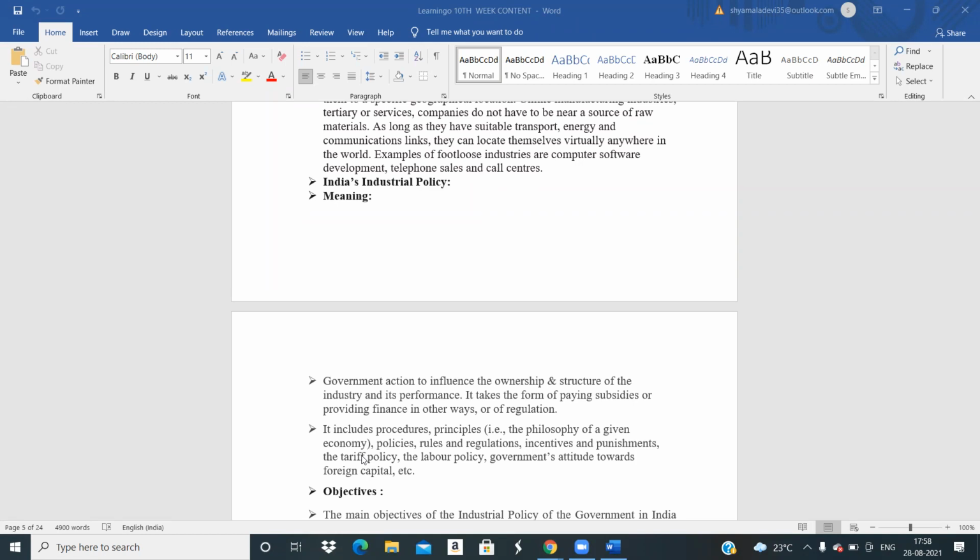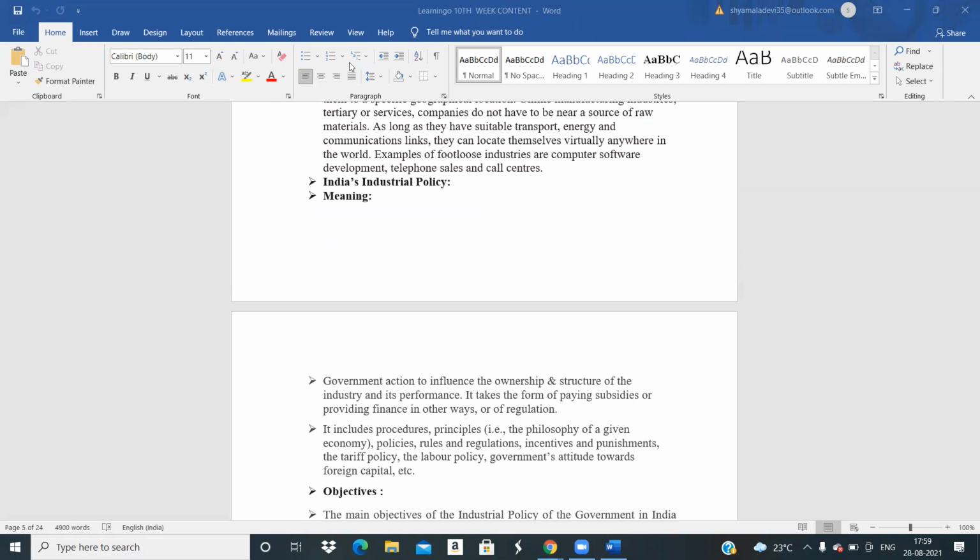That means we followed a restricted policy, or in other words, we also use the word trade barriers. We had a trade barrier. We were not allowed to use anything. So this is also one of the important policies which is part and parcel of the industrial policy.